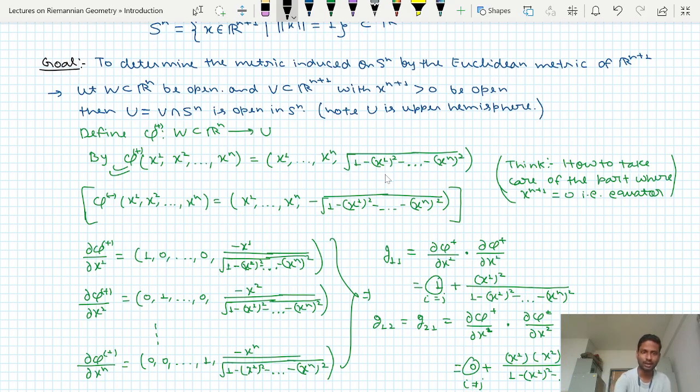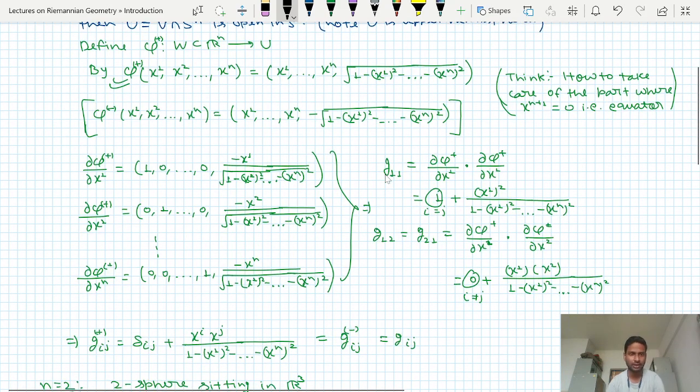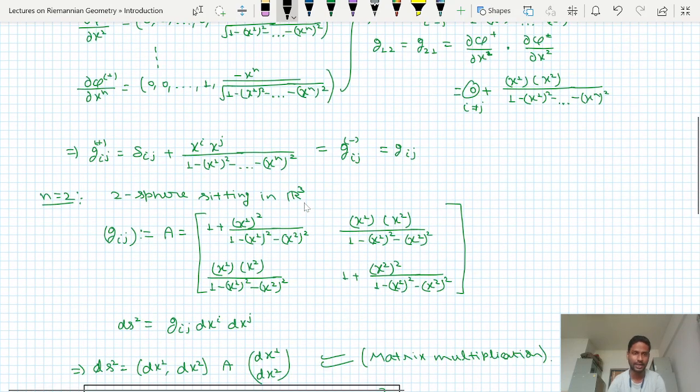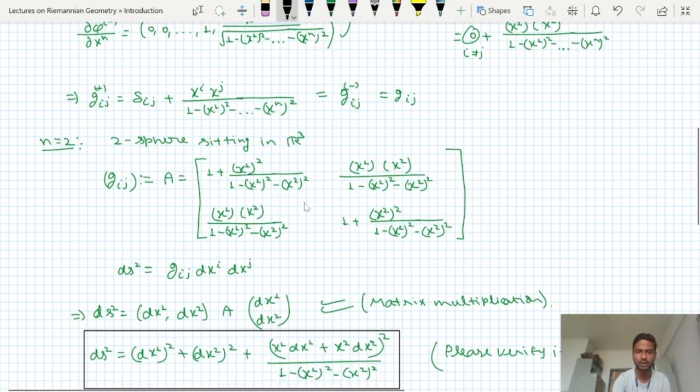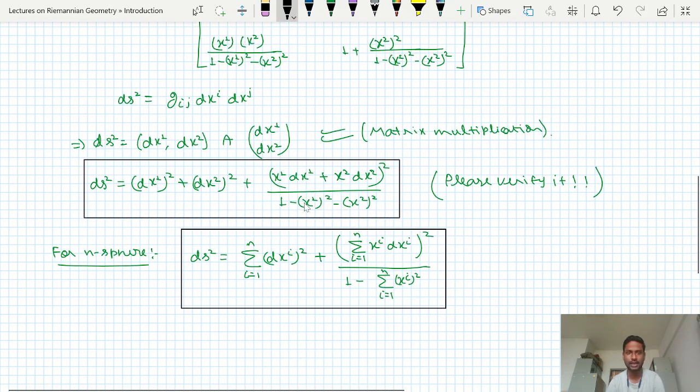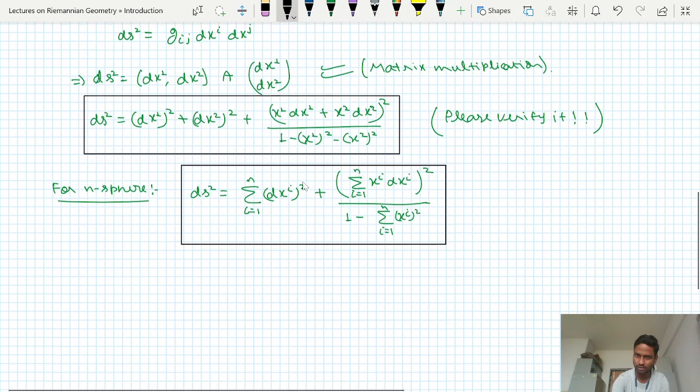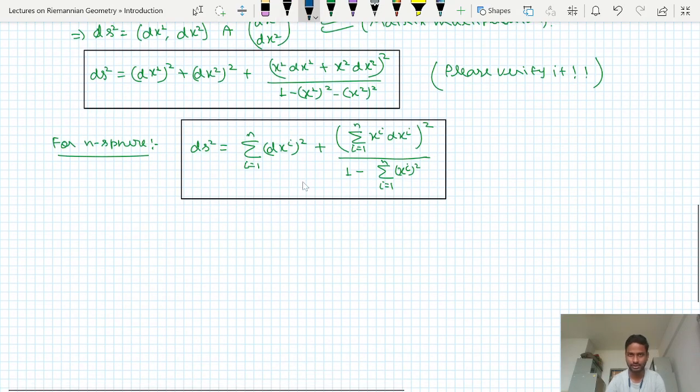Then we found these del phi over del xi, and using that we figured out the metric components G11, G12, G21, all these Gij's, and wrote the expression for it. In case of the two sphere, we wrote the matrix, and using the matrix, we can write this entire expression for the Riemannian metric in terms of line element. So this is in the case of Cartesian coordinates.